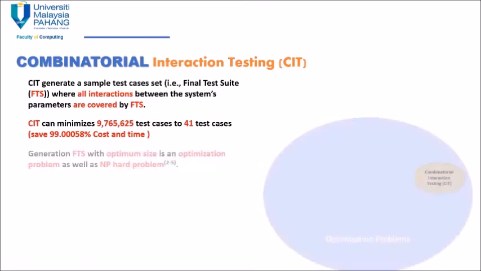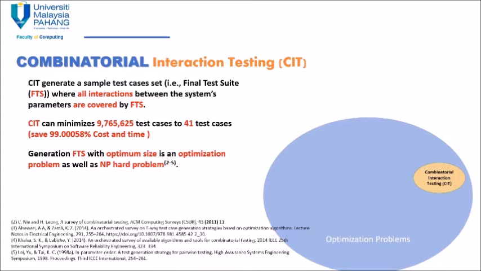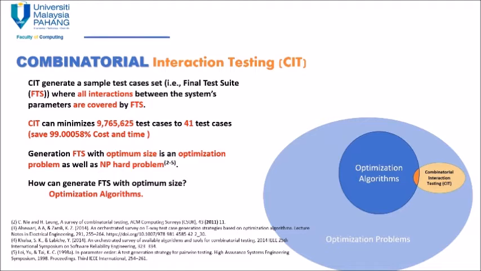And this pair combination can detect up to 60 to 70% of the defects. While we try to minimize the number of test cases, here it is an optimization problem. So if we want to minimize, which techniques or algorithms can give us the best optimum results?